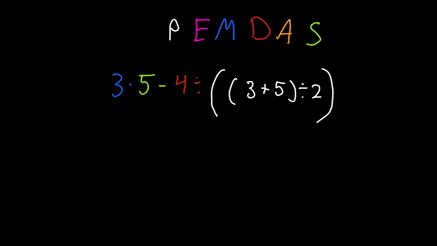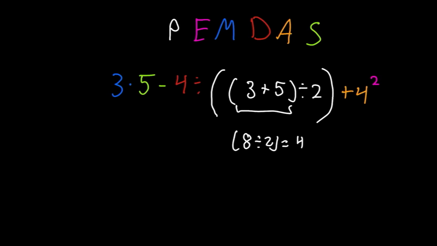And then I'm going to add 4 squared. So now solving this, you're going to solve the parentheses first for PEMDAS, and then you go from the inside out. So this is going to become 8. So then you're going to get 8 divided by 2, which is going to be equal to 4.